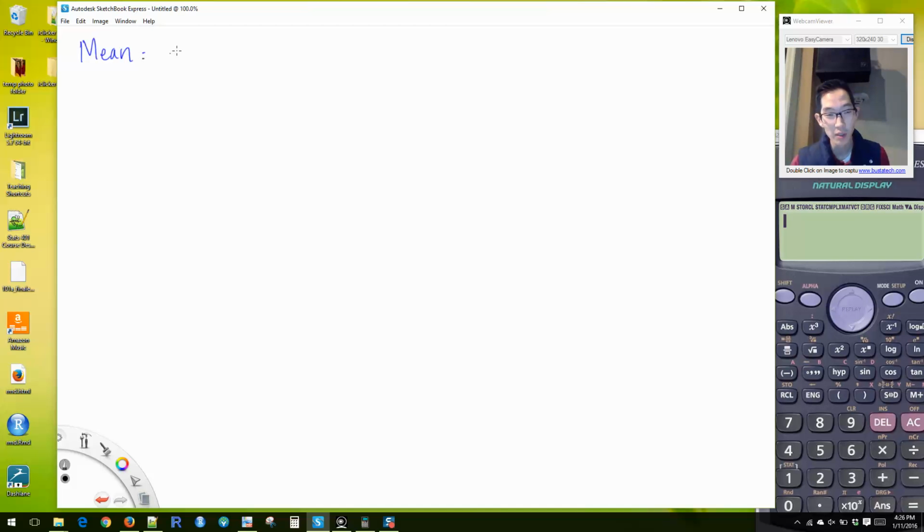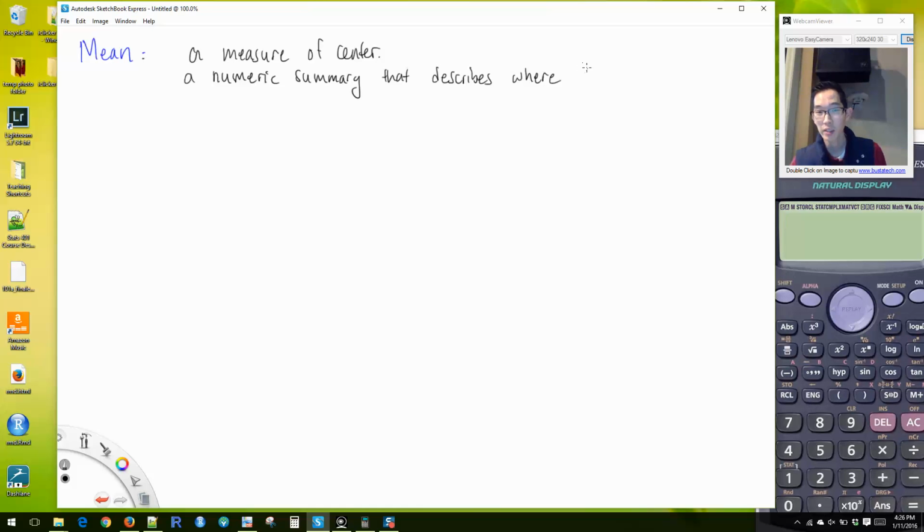At its heart it is a measure of center, or a numeric summary, that describes where, and this is kind of the key that we are pushing here, the balancing point of our data is.